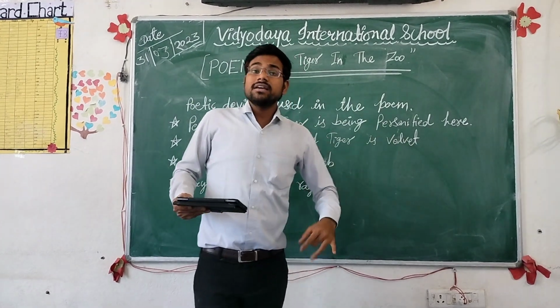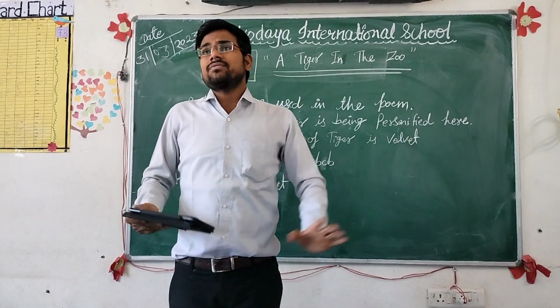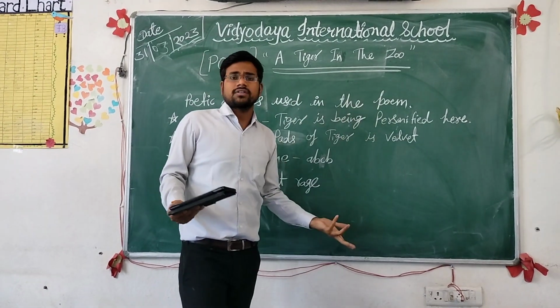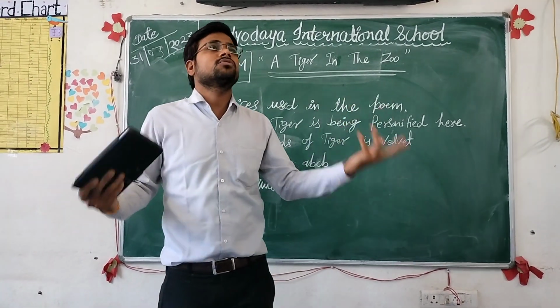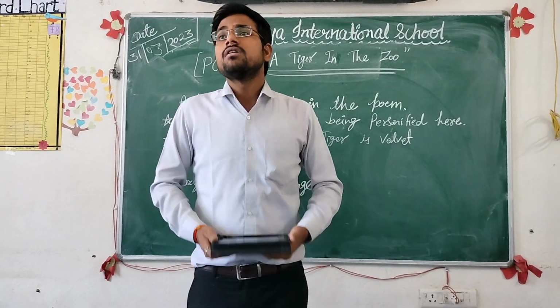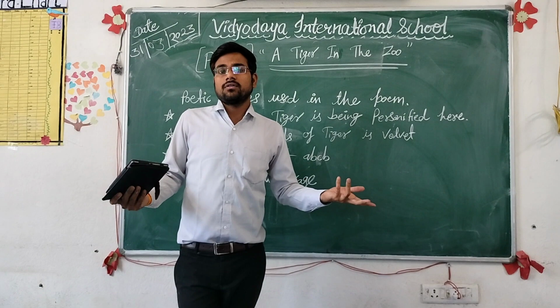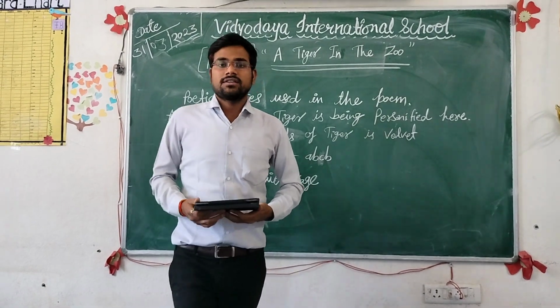So the tiger is trying to console himself that it's fine, no worries, I am able to see the stars here also, just where I used to see the stars in the jungle.